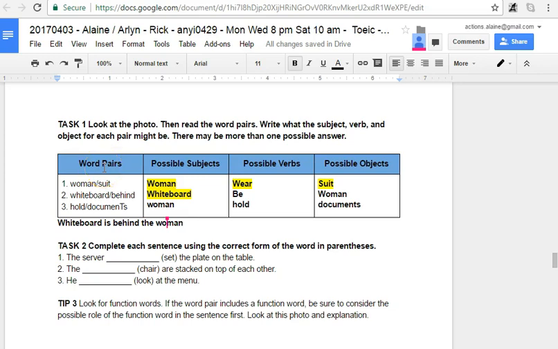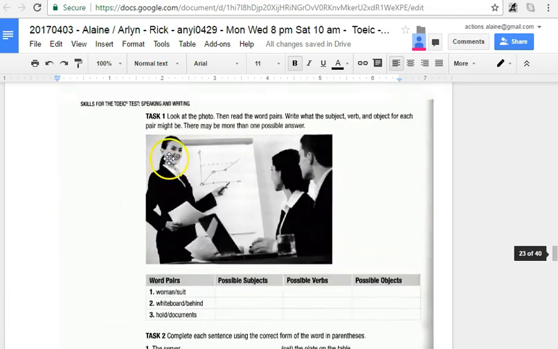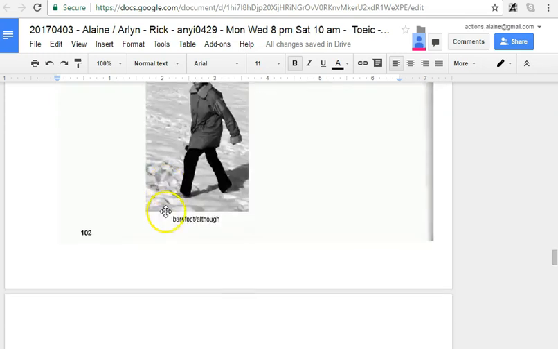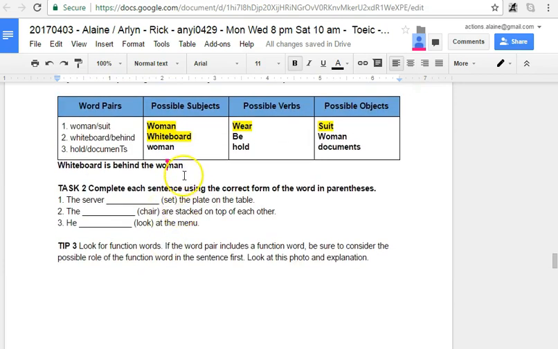The other one is looking at the whiteboard. But what we are pertaining to is the woman pointing at the whiteboard. So, what do you think is the action word that can be used for the woman? Point. Yeah.